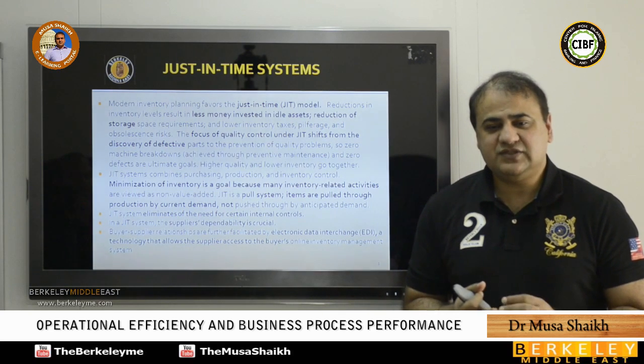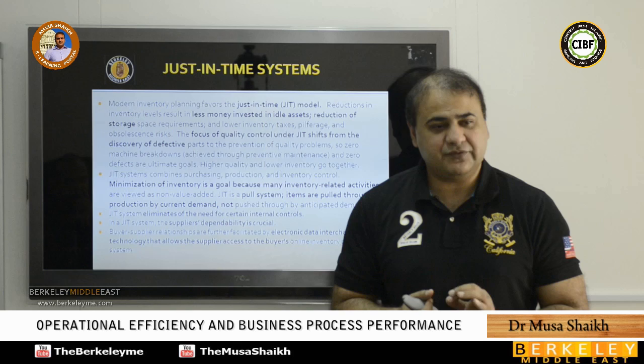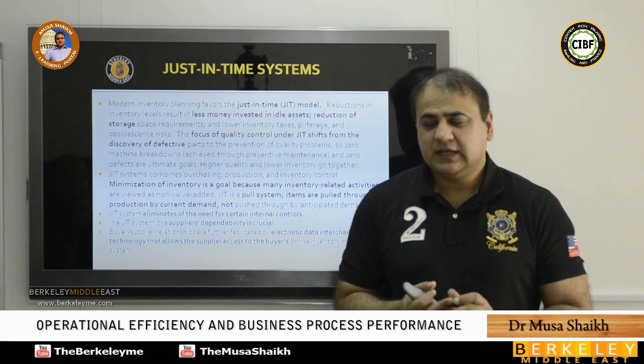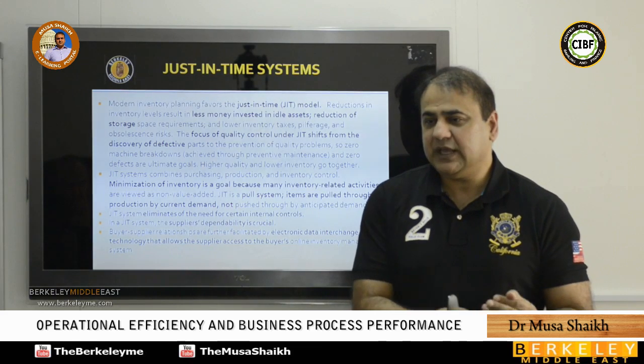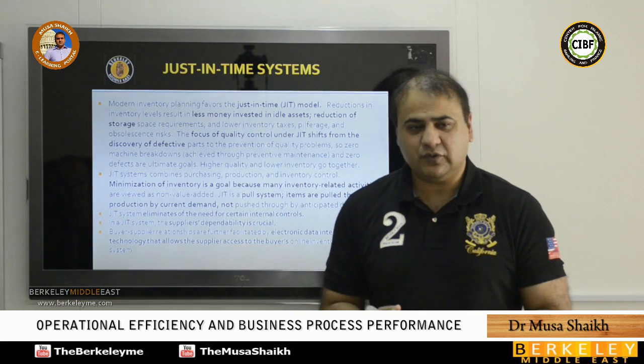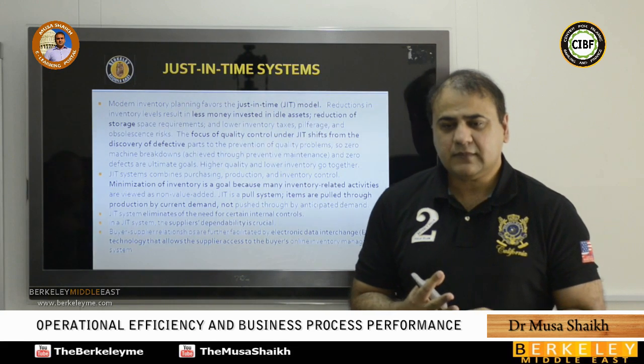So what happened is the Japanese came up with this approach called just-in-time inventory management system. It means try to plan so that as much as you want, you should make a store accordingly. I will give you two examples just to understand what is just-in-time.